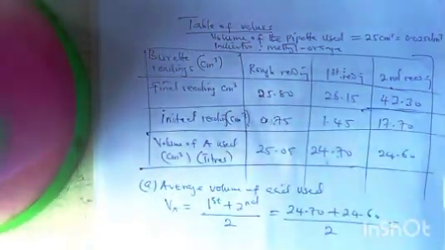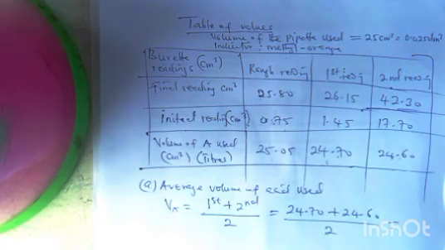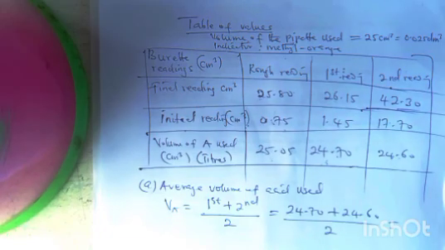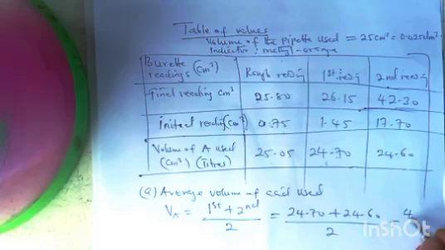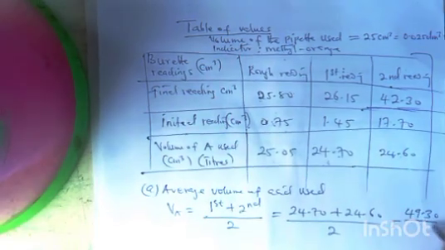Let's check this value. 24.70 plus 24.60 is going to give us 49.30, divided by 2.